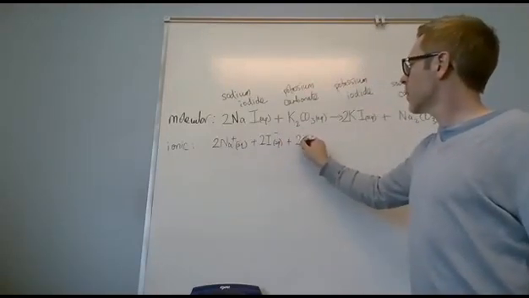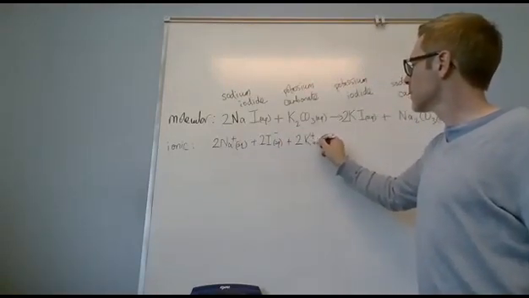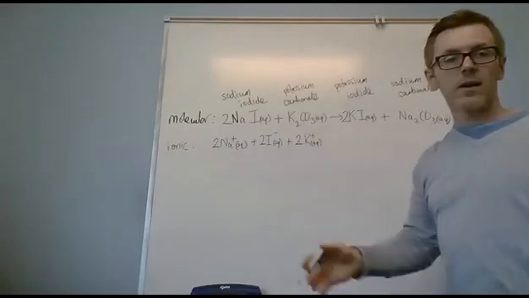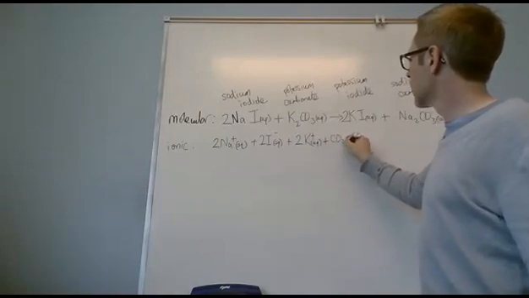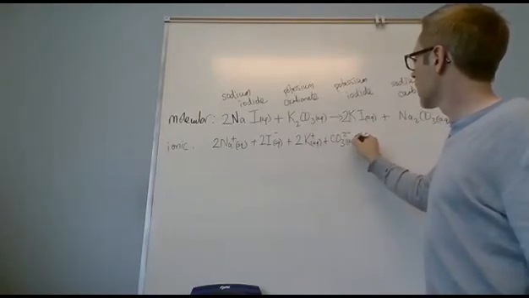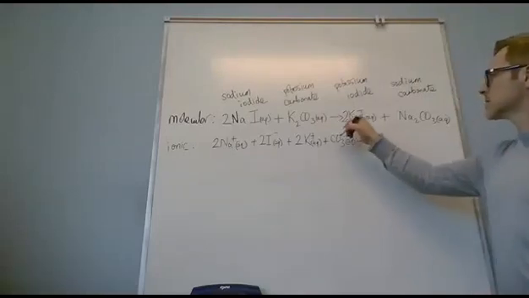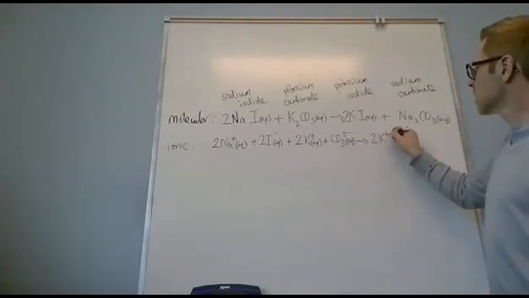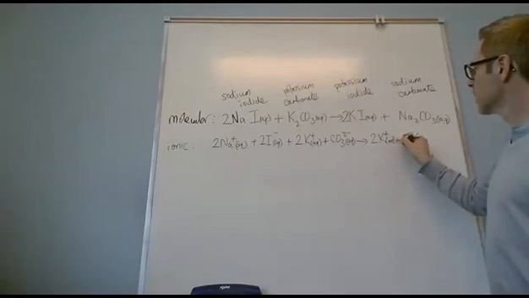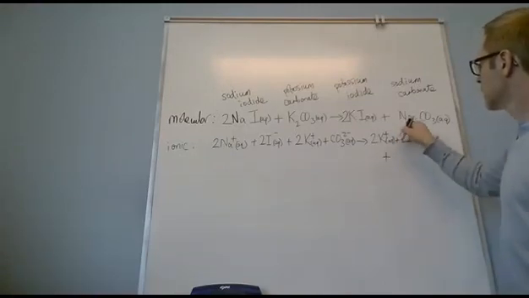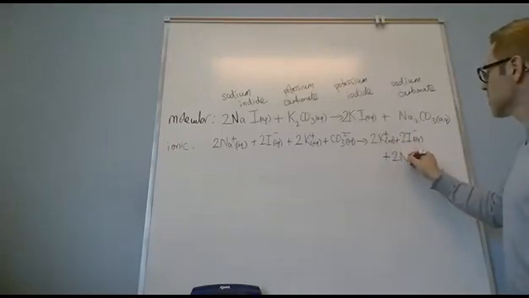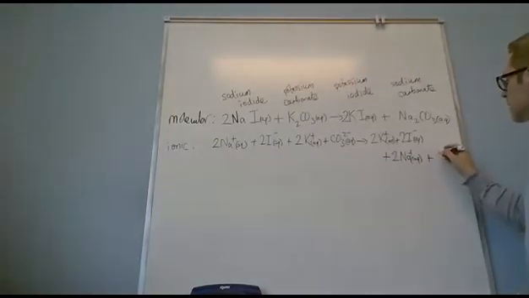I've got two positively charged potassiums, one -2 charged carbonate, and that gives two positively charged potassiums, two negatively charged iodides, two positively charged sodiums, and one -2 charged carbonate.